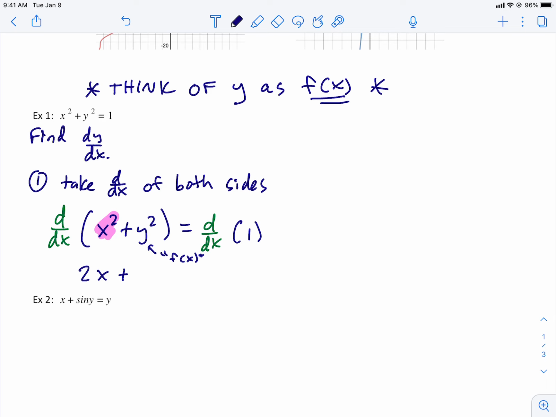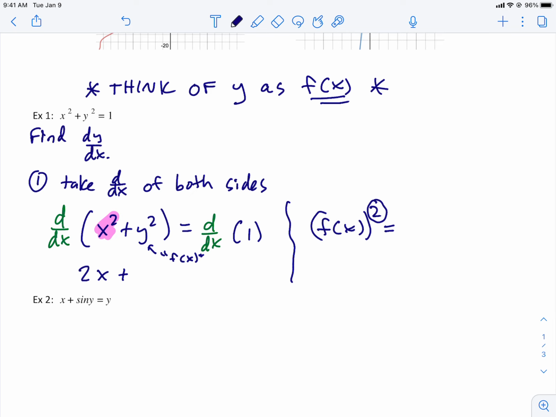But this will probably make more sense off to the side here for a second. Technically it's like f of x squared. So how do I find the derivative of this? Well, we see a power on the outside, so that's 2 out in front, and then f of x.